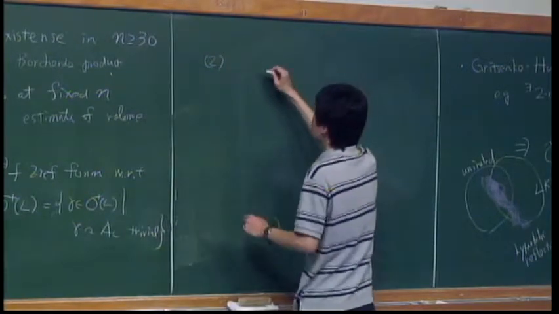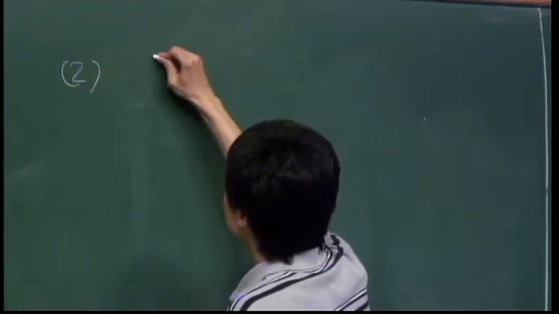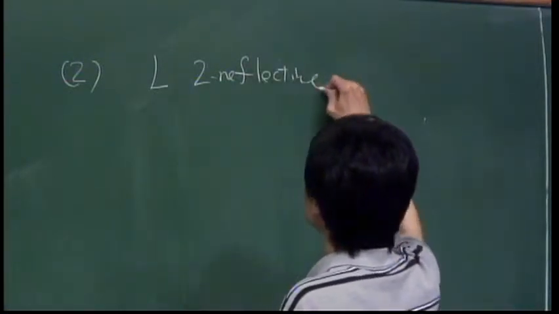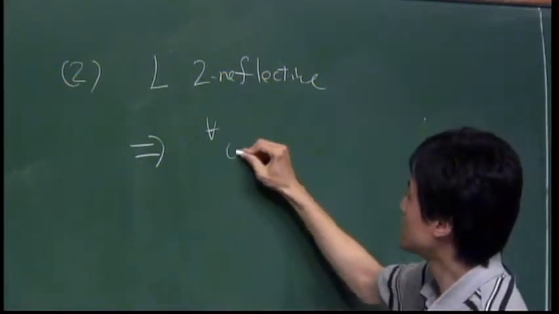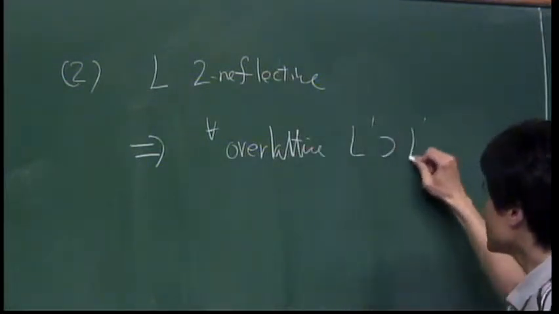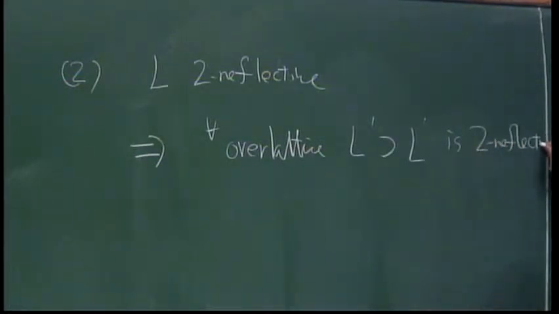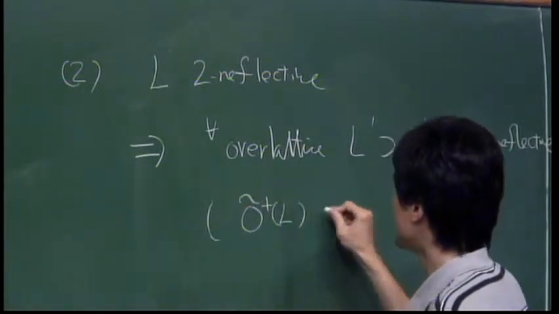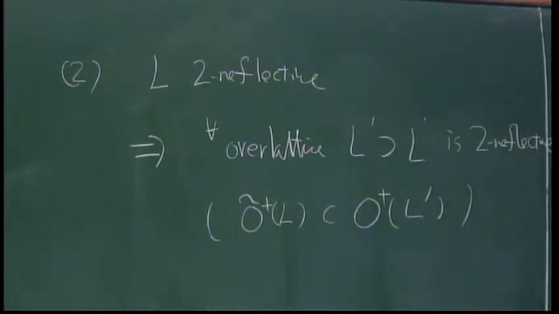By using this, I can also prove that if L is 2-reflective, then any finite index overlattice of L is also 2-reflective. This is because the stable orthogonal group of the lattice is contained in the full orthogonal group of the overlattice.